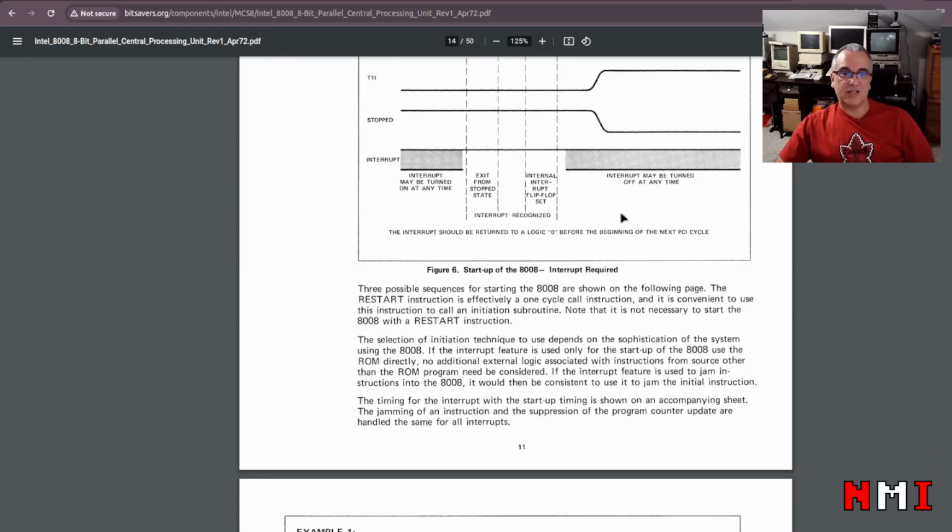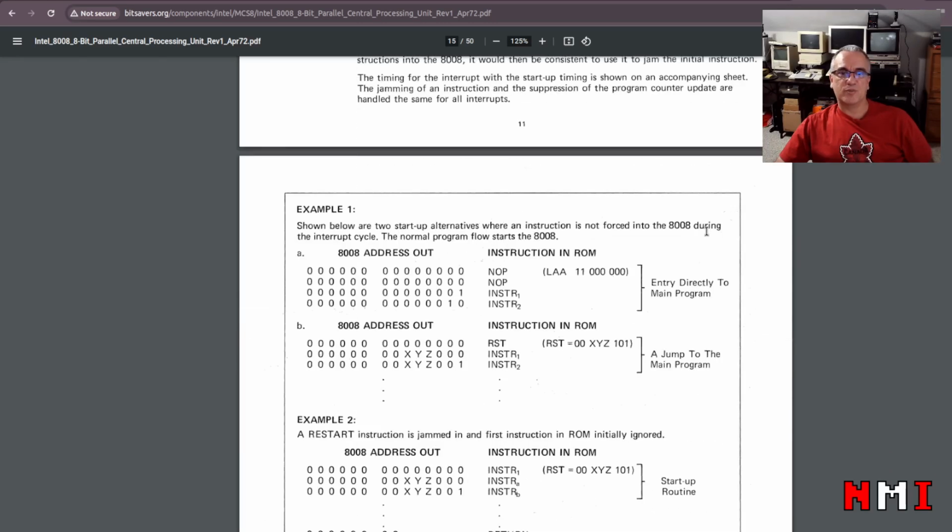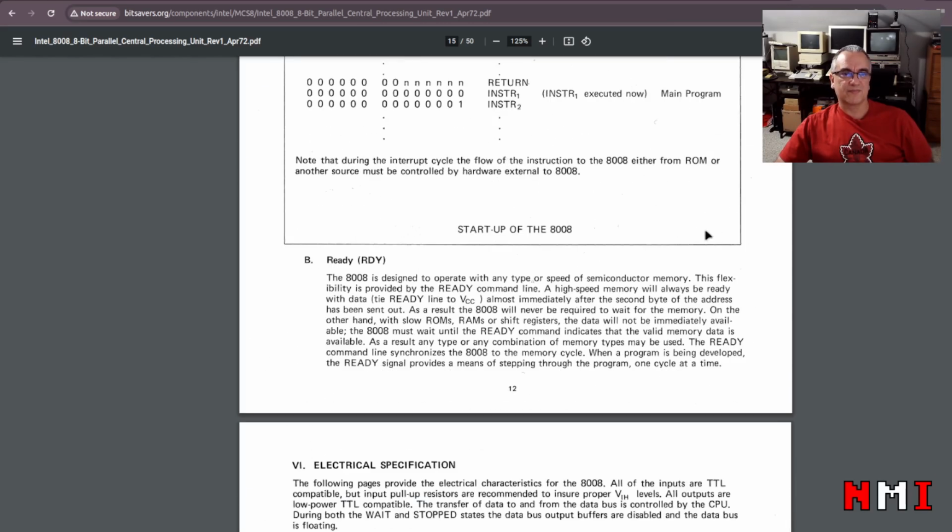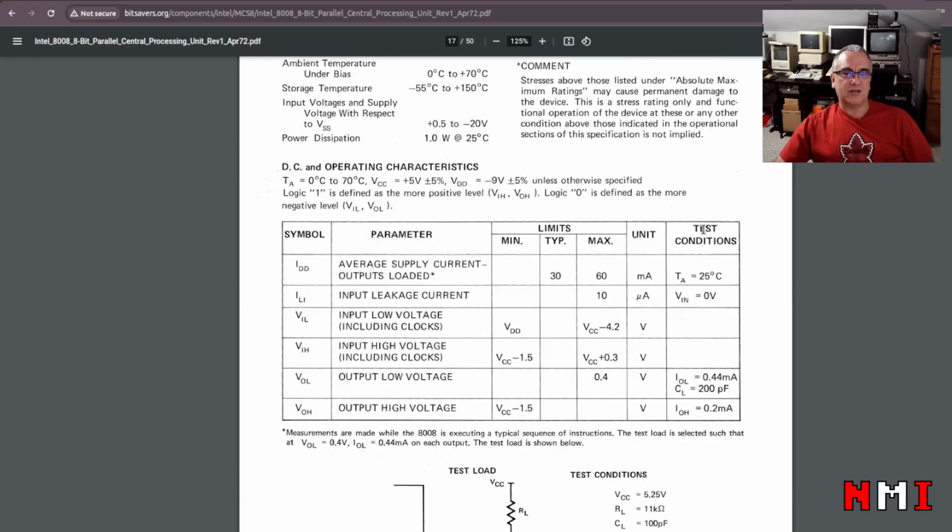So again, very simple, but very effective and very advanced for 1972. This was a very advanced microprocessor, right? Now, oh yeah, here is what I was talking about.